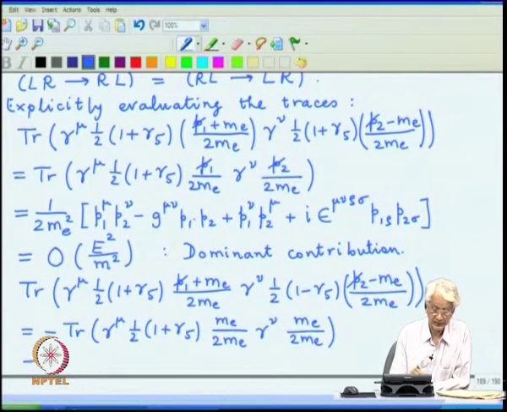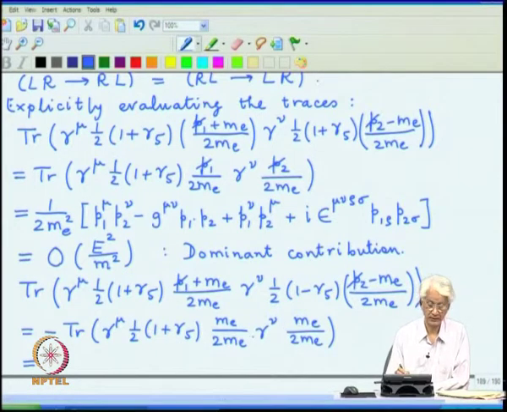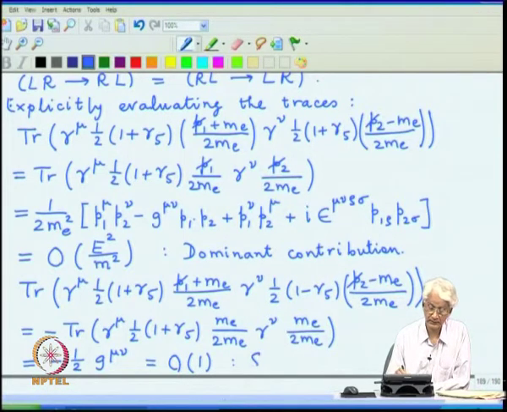And now, this is a trace of only 2 gamma matrices in one case of the identity, and gamma 5 contracted with only 2 gamma matrices produces no trace at all. So, the result is actually quite simple. It gives minus half g mu nu. In terms of magnitude, it is order 1, and this is subdominant.